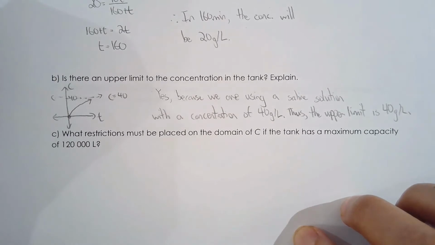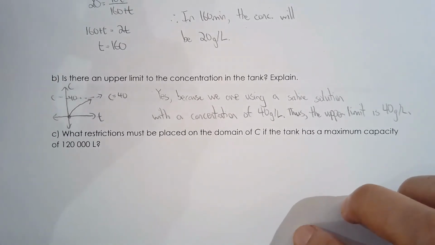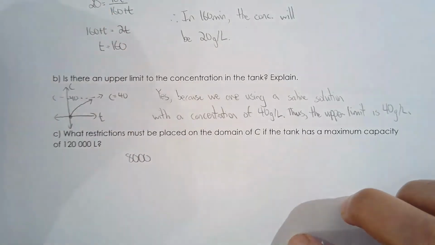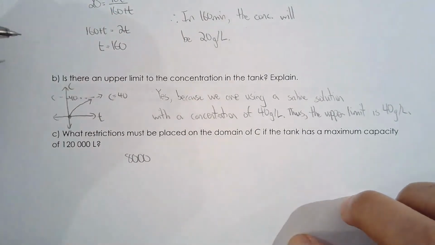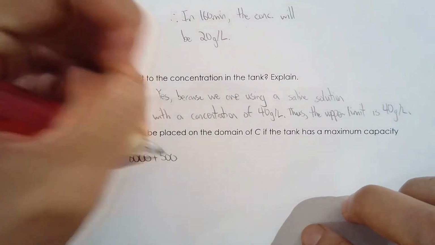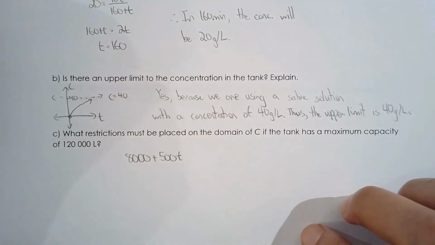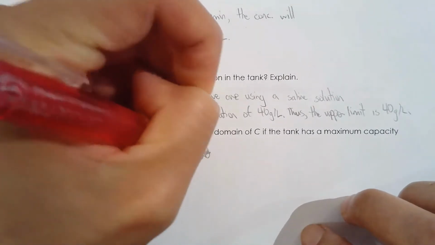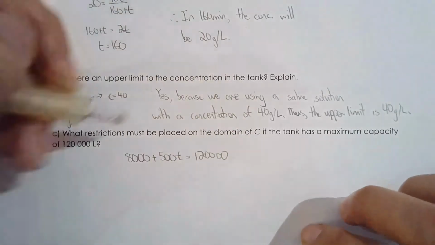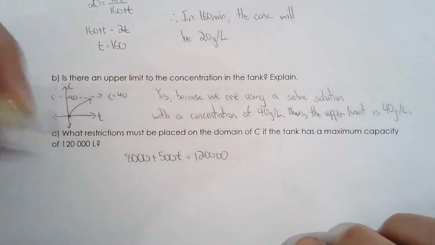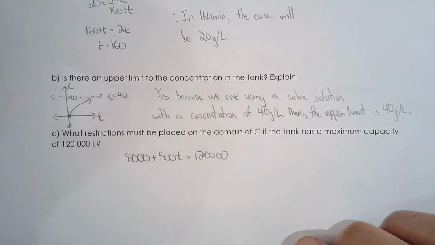You have 8,000 liters to begin with of pure water, and you're filling it at a rate of 500 liters per minute. So you're going to ask, when is this equal to 120,000? Because that's going to be the upper limit on the domain of this function. Because we don't want to waste any water or solution. If you keep filling it, it'll just spill over.